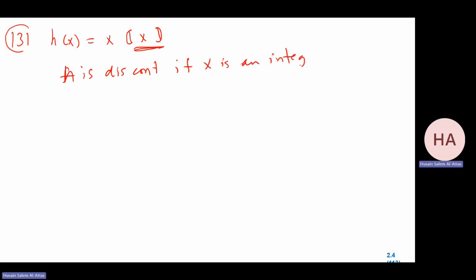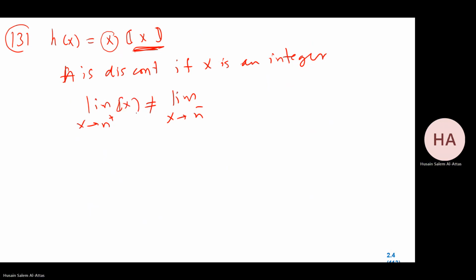And if you check that number, we discussed it, we say yes, if x is an integer, but we need to be careful. I need to multiply it by a number. It means the limit as x goes to n from the right is not equal to the limit as x goes to n from the left for the greatest integer function.